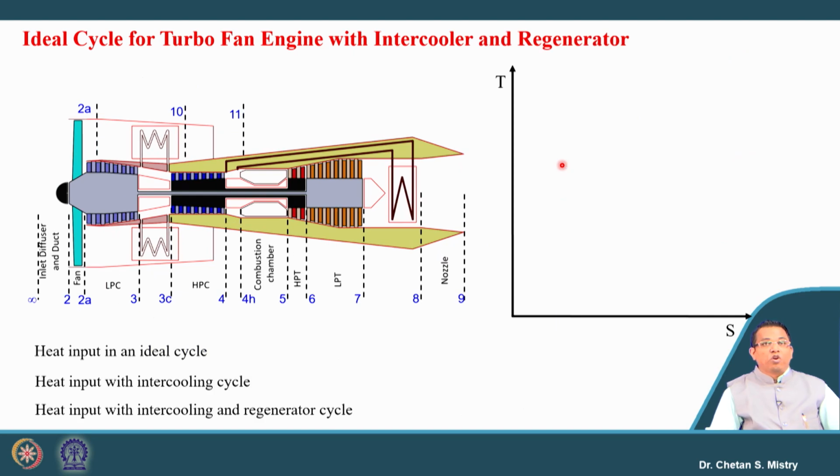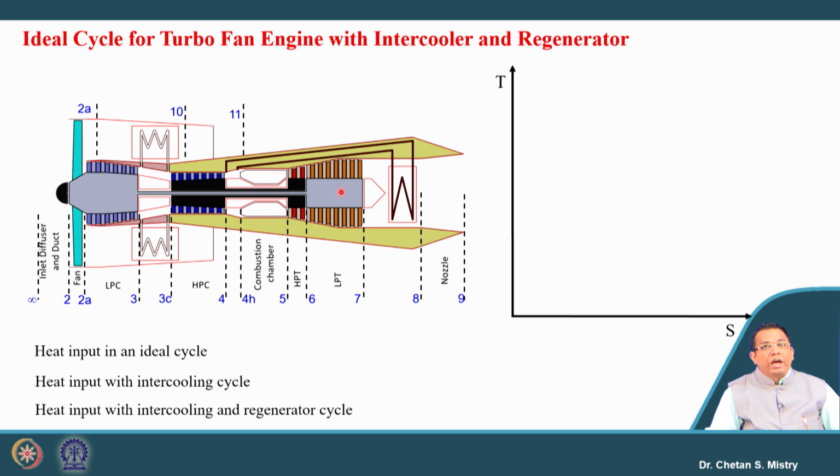Now let's try to incorporate one more device. If you look carefully, we have our intercooler here and my high temperature air coming out from HP compressor, we are supplying to some additional device here. This device I say is a regenerator, that is also a heat exchanger. What exactly will this device be doing, as we have discussed for the intercooler? Similarly, here this is working at higher temperature.